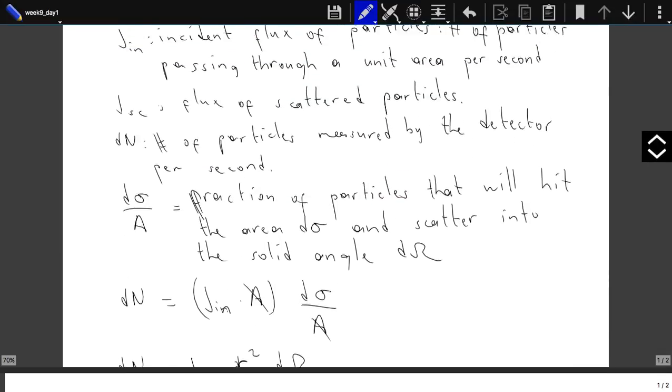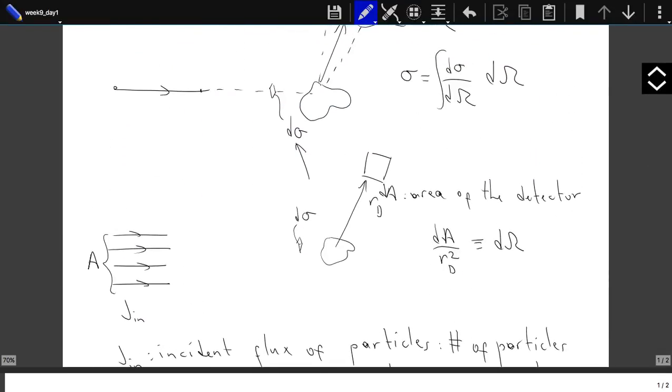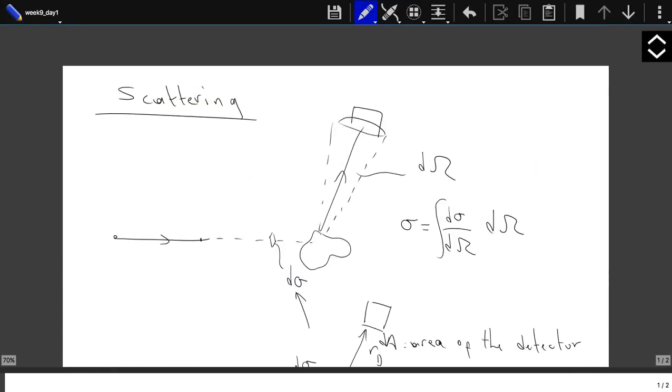Now, this is what we had done. We were studying the scattering process. We first defined what we mean by scattering cross-section. If we have a scattering target somewhere over here, we send our particles, and if they are aimed within this area, d sigma, they will be scattered into a solid angle d omega.